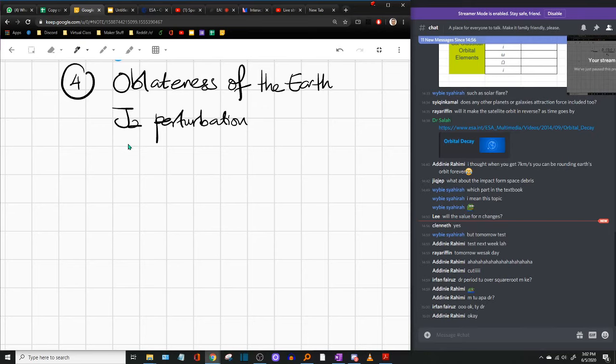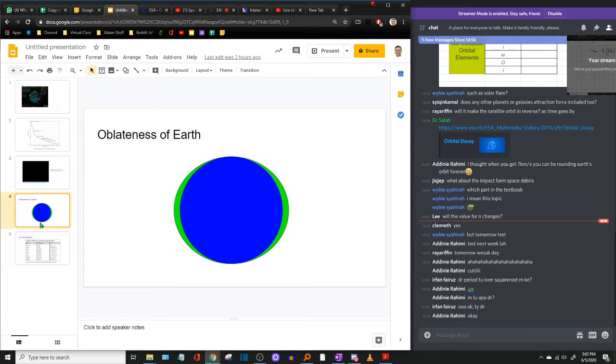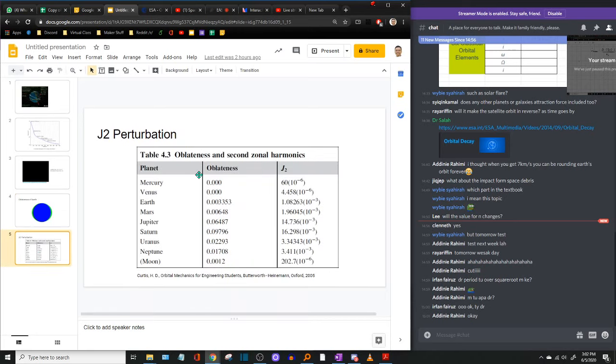The most important one for space mechanics and astrodynamics applications, if you're a space engineer, is the J2 perturbation. There will be J3, J4, and so on, but usually we only look at the J2 perturbation.